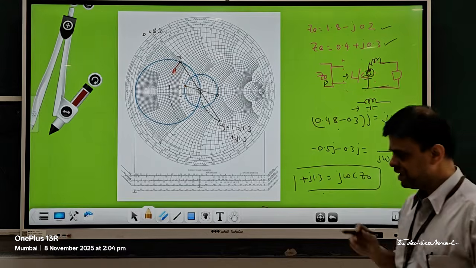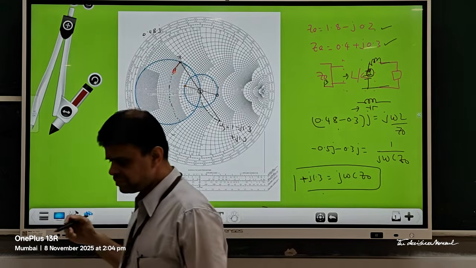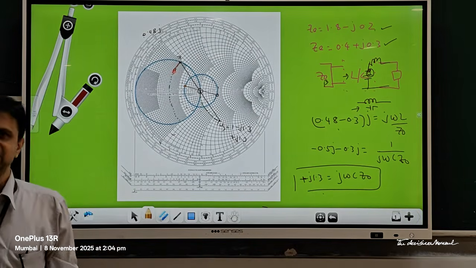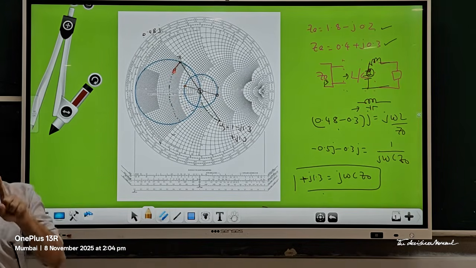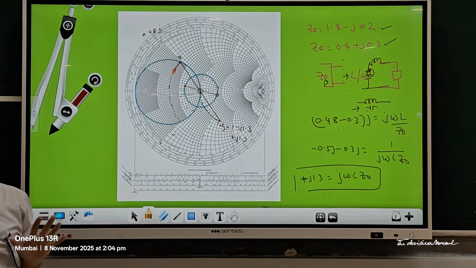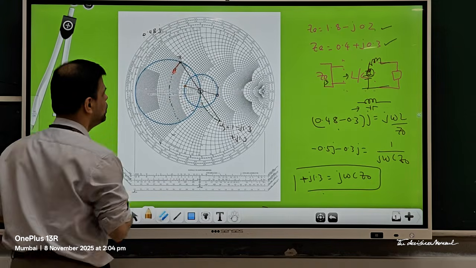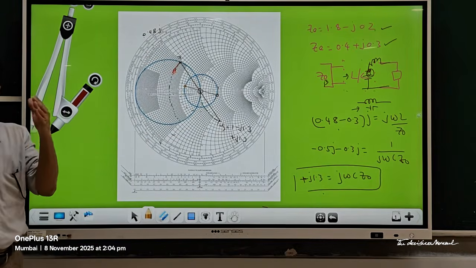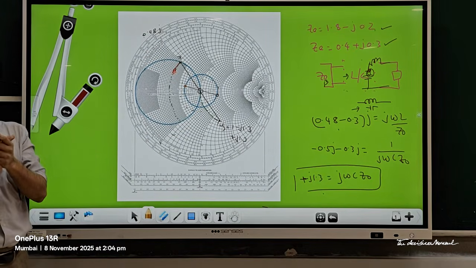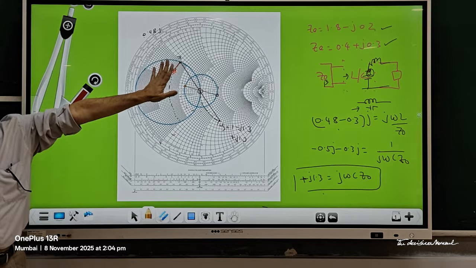Once I have gone onto the admittance side, I will try to approach the G1 circle, and I will add positive susceptance. Remember, I am adding positive susceptance because positive susceptance will lead to a parallel capacitor. After taking out the diametrically opposite point, finding Y of that particular Z, forget about the constant gamma circle now.